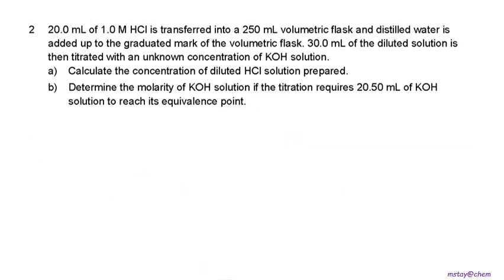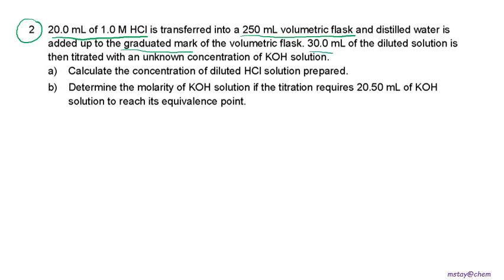Now let's proceed to tutorial question number 2. 20 ml of 1.0 molar HCl is transferred to a 250 ml volumetric flask, and then distilled water is added up to the graduated mark.